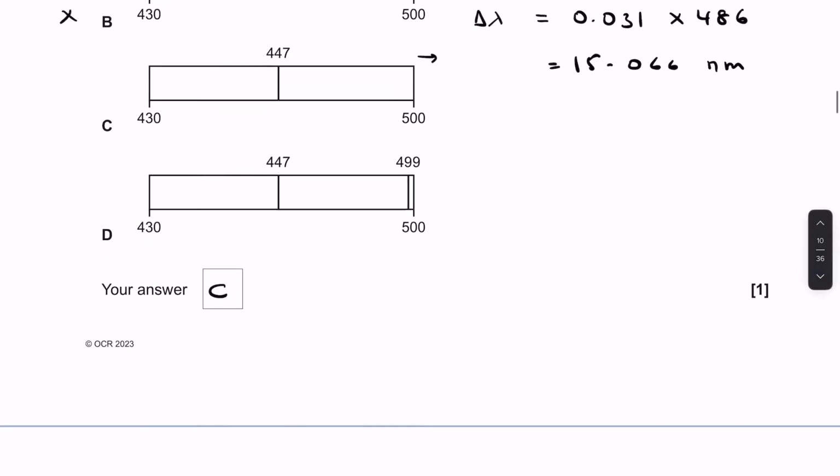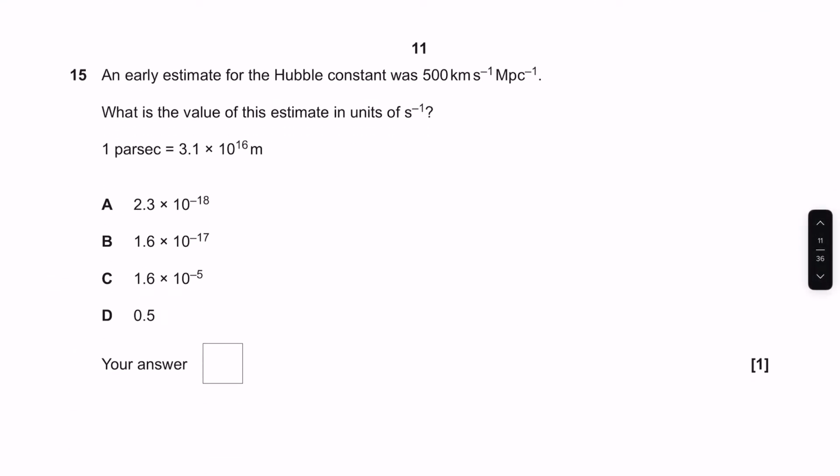Okay, so question number 15, we've been given the Hubble constant, and we have to find out the best estimate for it in per second, and 1 parsec is given to us. So 500 kilometers. First of all, let's get that out into meters.